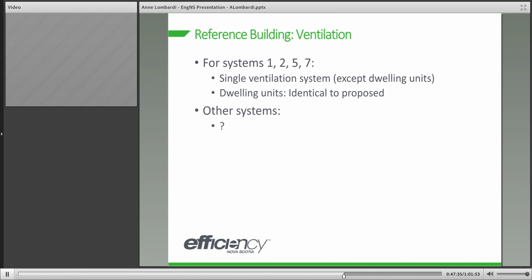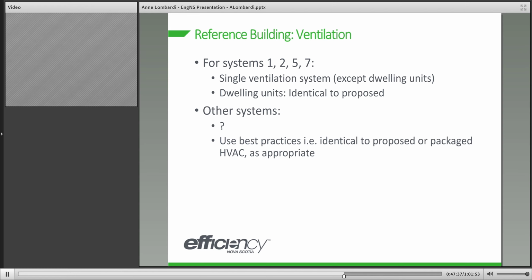For buildings with dwelling units, the ventilation system must be identical to proposed. For the other systems, 3, 4, and 6, the NECB does not tell us. It just doesn't say anything. So in this case, we enter our best practices, such as identical to proposed, or maybe packaged HVAC as appropriate. So use your good judgment.